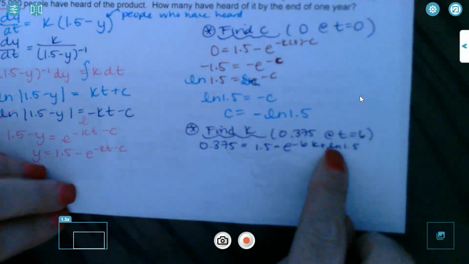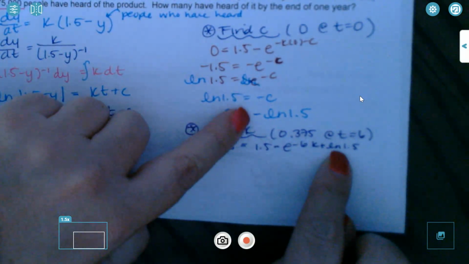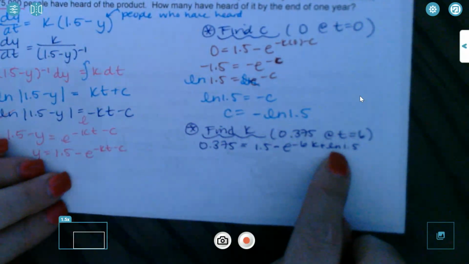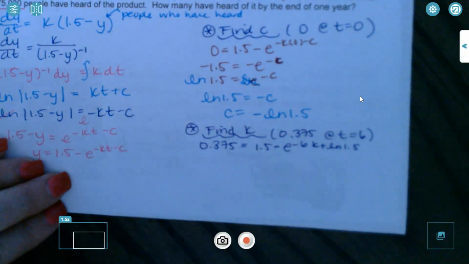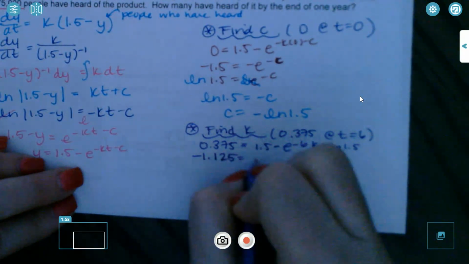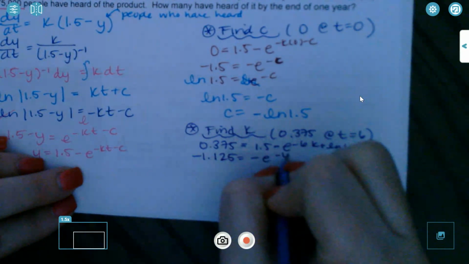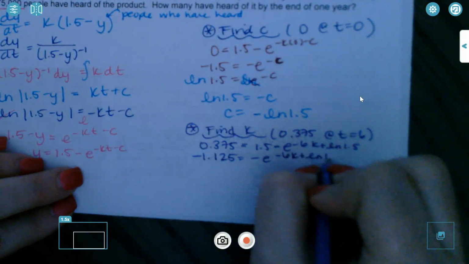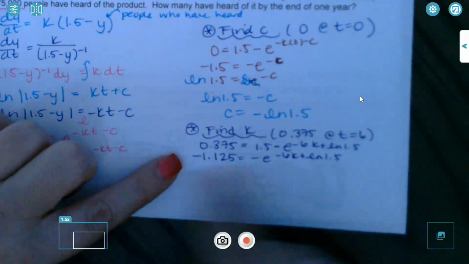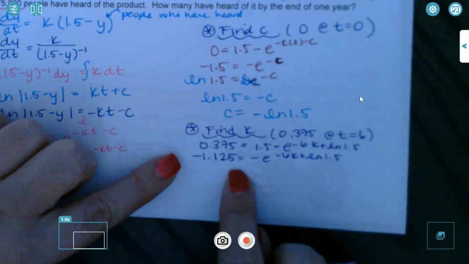Remember that ln turns positive because it was minus c and our c was negative, so those two negatives are going to make a positive. Again, we're going to work all this out. Actually, get rid of the negatives first. Okay, then apply the ln to both sides.